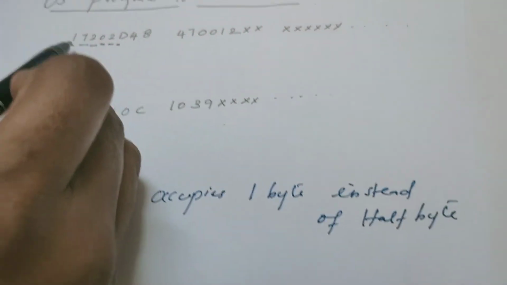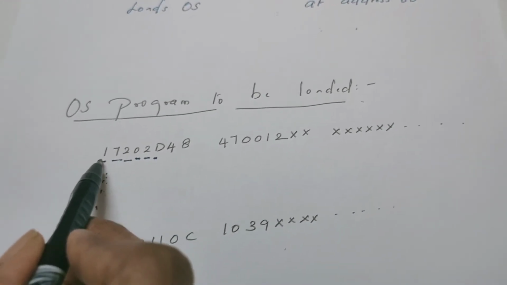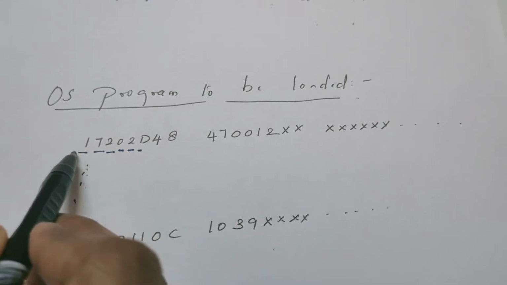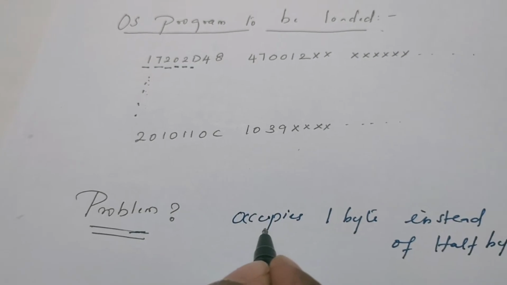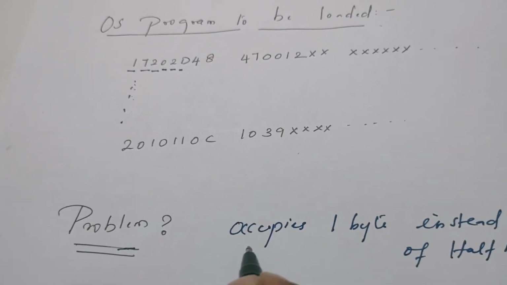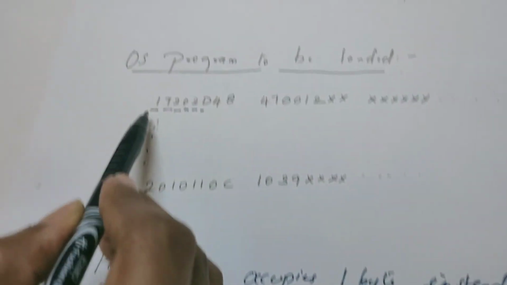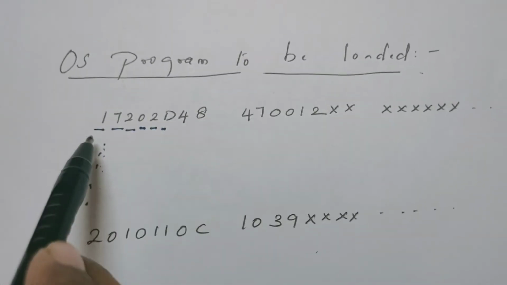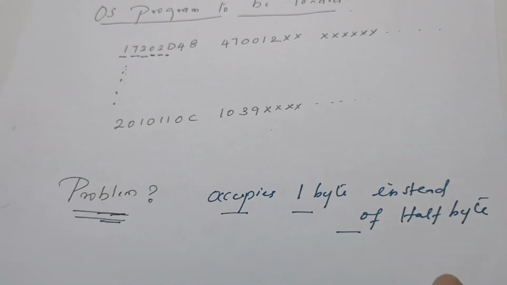Now every object code is a hexadecimal digit and we know that every hexadecimal digit needs only half a byte of memory. But when the loader reads these hexadecimal digits, it reads them as characters and while storing, it will occupy 1 byte. So this problem is to be tackled, and this 1 byte must be converted into half a byte and loaded into the memory for execution. So this is the problem while loading the program.